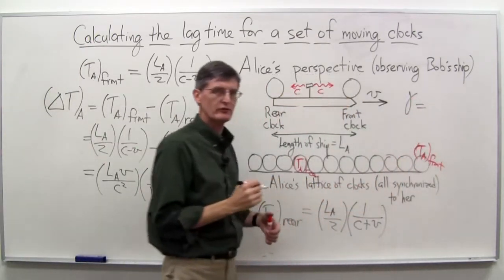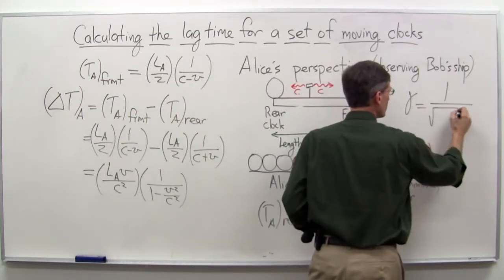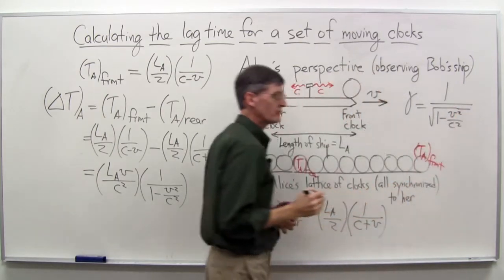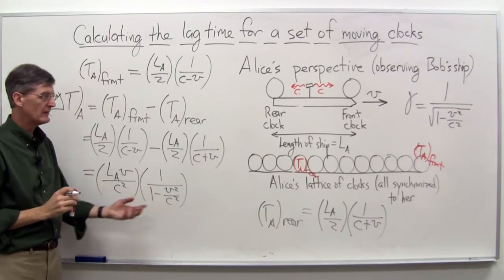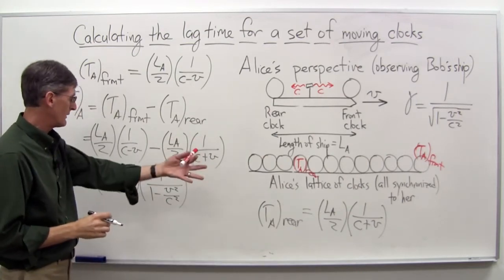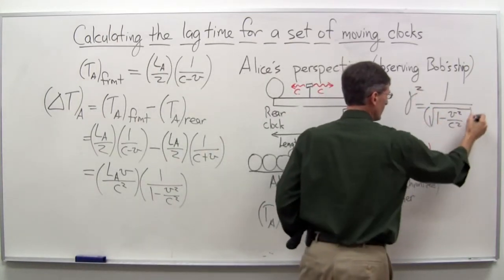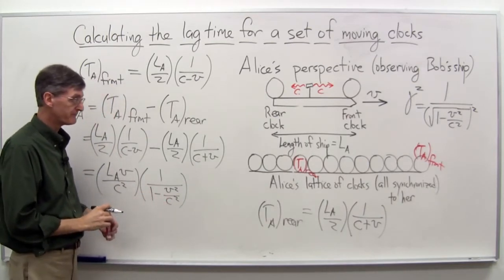You should have this in your brains by now, but we'll write it one more time here. Gamma is 1 over the square root of 1 minus V squared over C squared. In fact, that's why we put it in this form with the 1 minus V squared over C squared in the denominator. So that's gamma. Gamma squared then is simply that square root squared, which just gives us 1 minus V squared over C squared in the denominator.